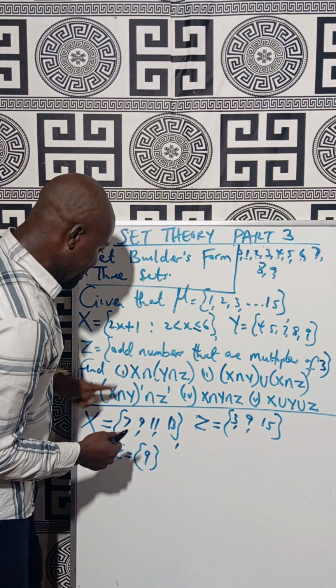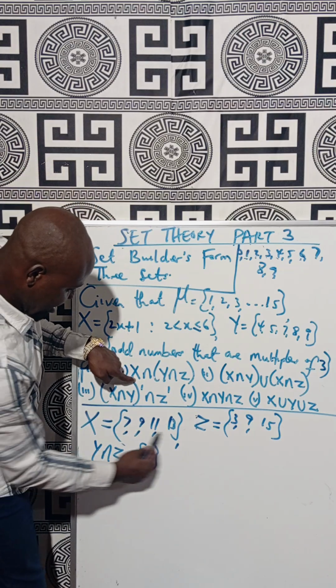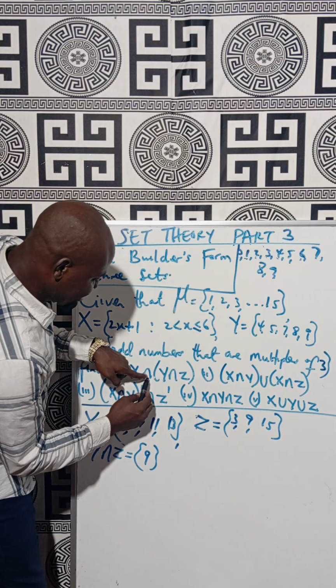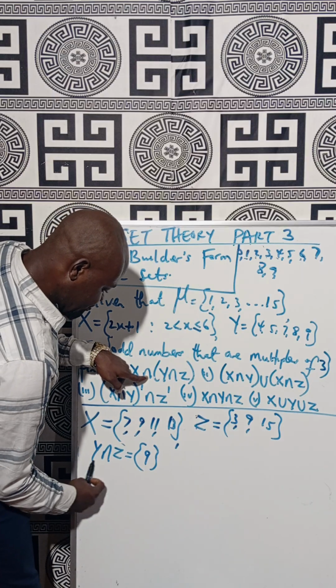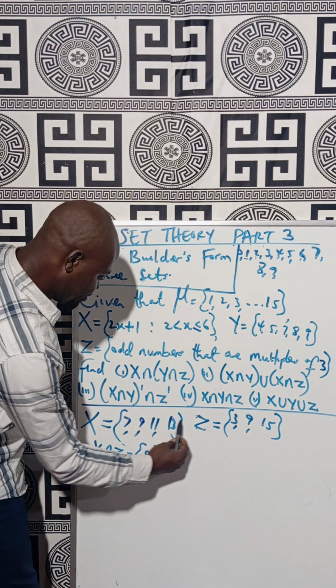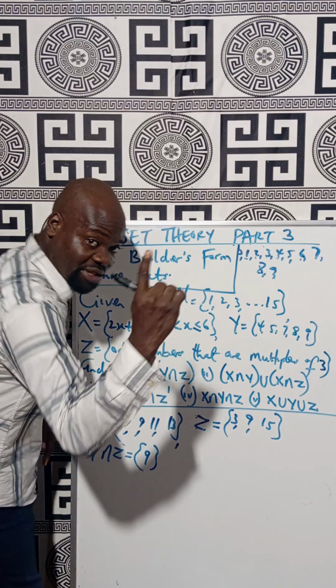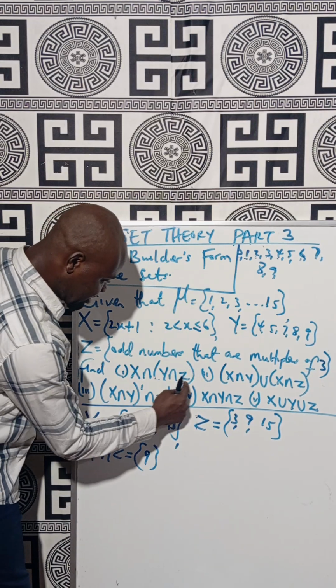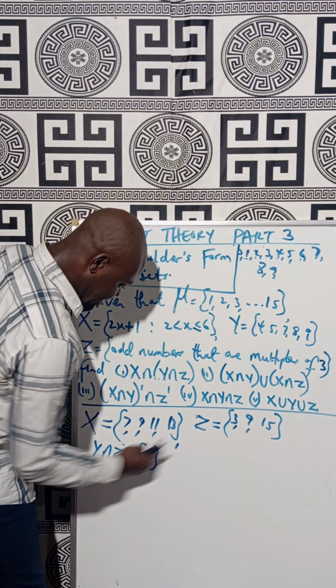So now, where's your X? This is my X here. So X intersection what you just got now? Where does X intersect this?